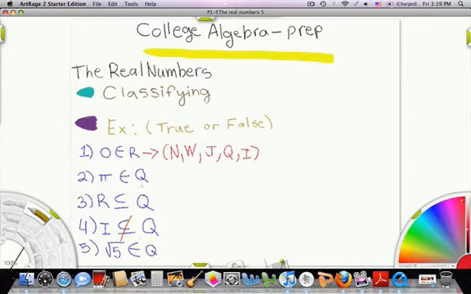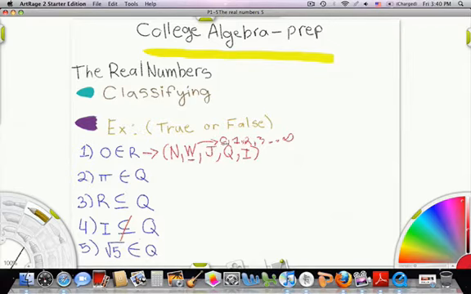So, in order to prove that this is true or false, we're going to have to find a 0 in one of these member sets. In the set of natural numbers, we know that there's no 0 because it starts at 1 and goes to infinity. But in whole numbers, we have a sequence of 0, 1, 2, 3, all the way into infinity.